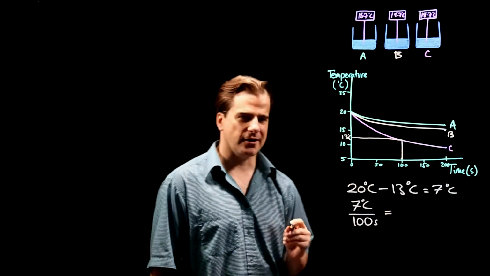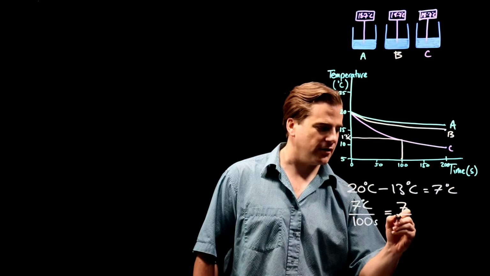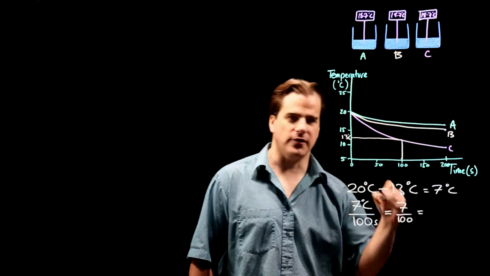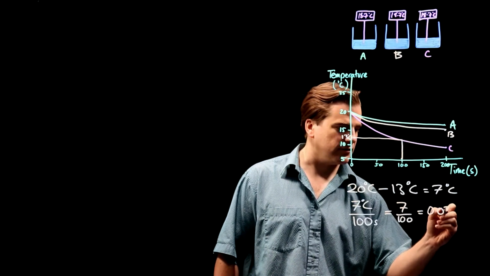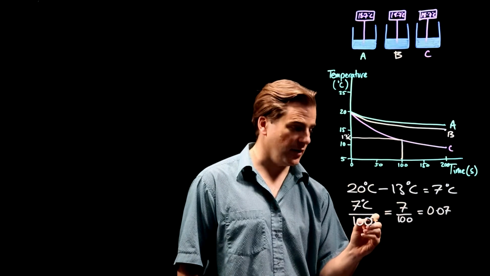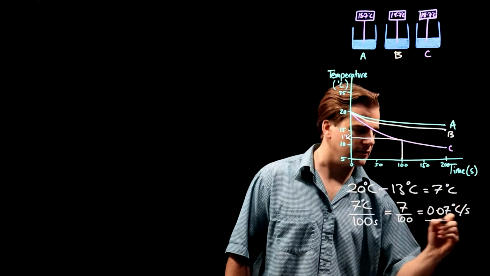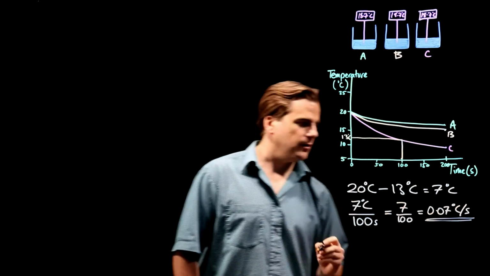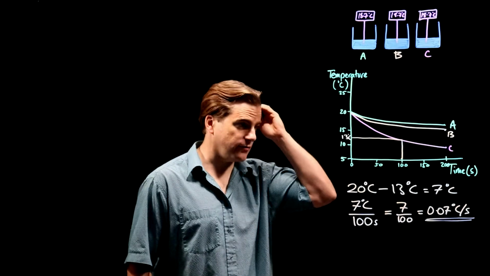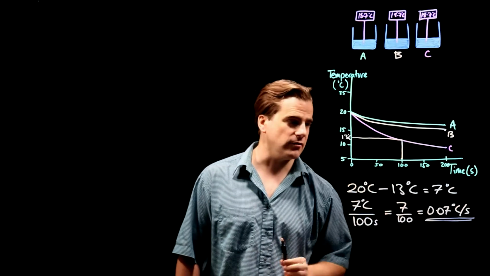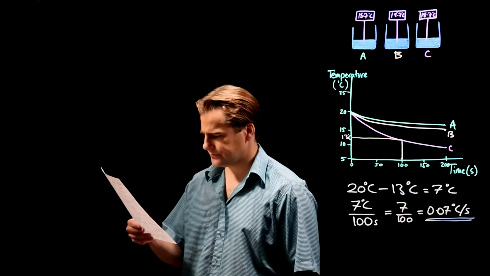I shouldn't really include the units there, I do apologise. It's 7 over 100. Put the units in at the end, which is 0.07 degrees C per second. So that's the average rate of temperature decrease for C between 0 and 100 seconds. Right, what's next?